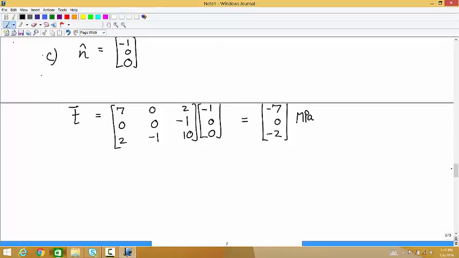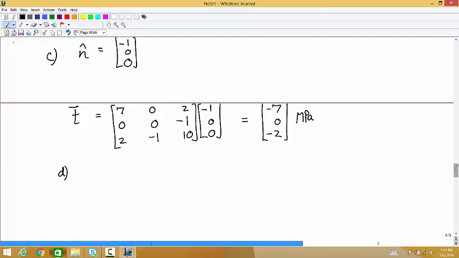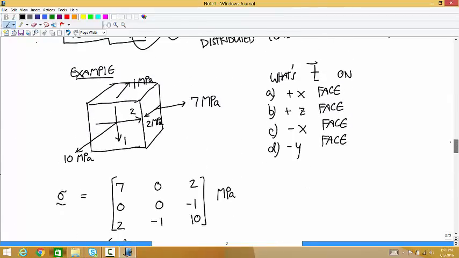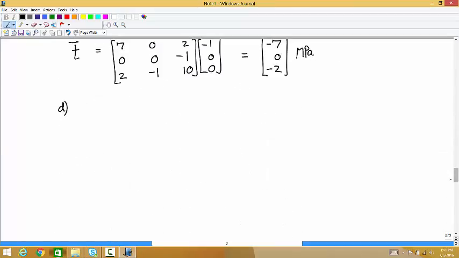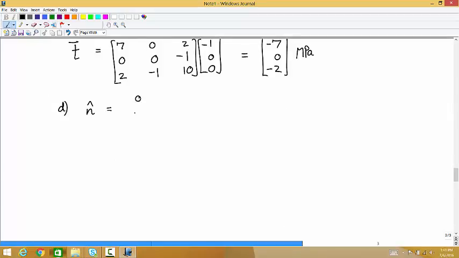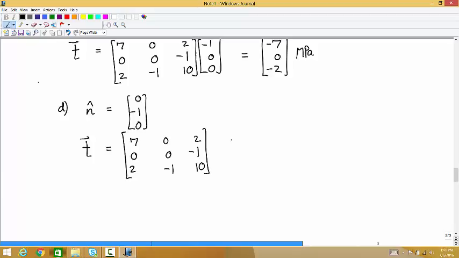Let's do one more because everybody likes doing the same thing over and over again. So D, what did I say, the negative y face we're doing? Negative y face. So what's the outward facing normal for the negative y face? Yep, 0, negative 1, 0. So the traction vector on the negative y face is the stress tensor times the outward facing normal.